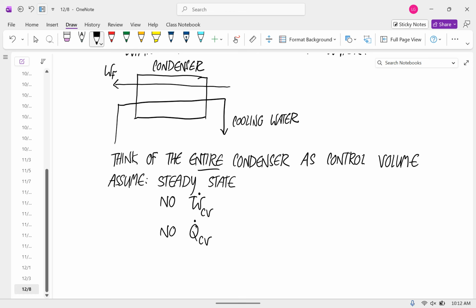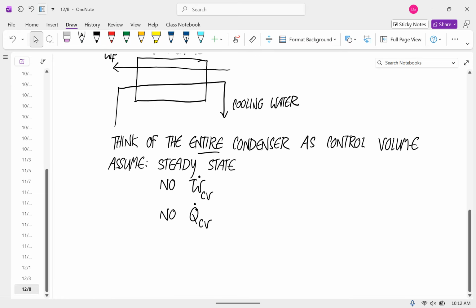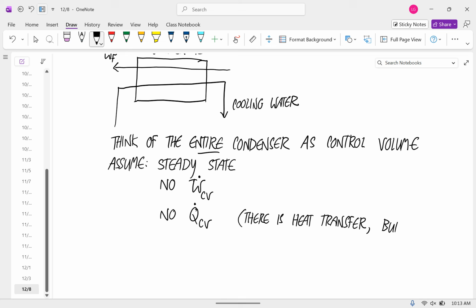So we do have heat transfer from the working fluid to the cooling water, but that's all inside the condenser. Okay. So there is heat transfer, but it all happens inside our control volume.